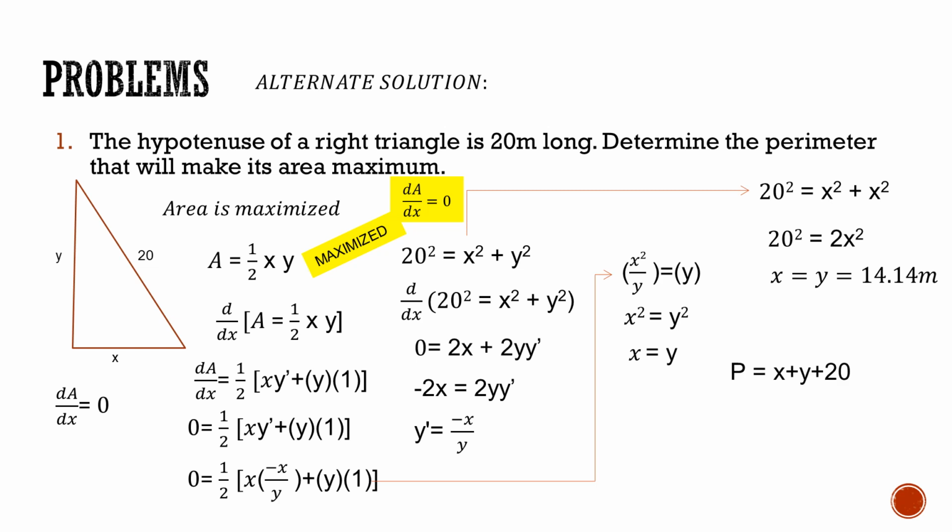Then we are now ready to get the perimeter. So substitute the values and we have the perimeter equal to 48.28 meters. So that's it. So number 1, we have presented 2 alternate solutions for that problem. So it's really up to you kung saan ka komportable. Okay?